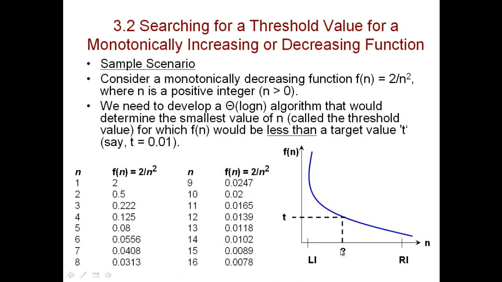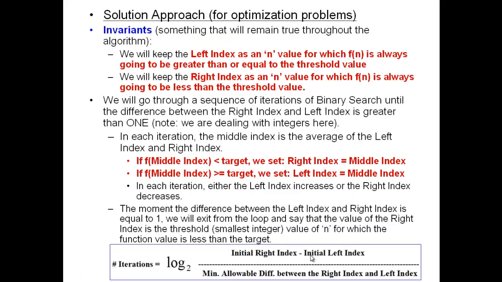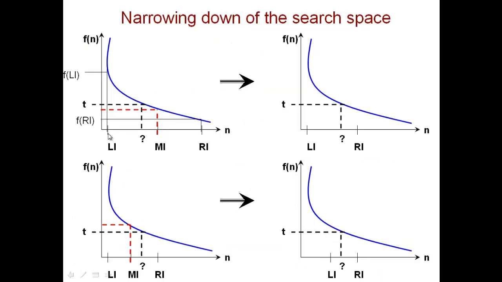In order to find such a threshold, we have to choose a broad range, a search space, comfortable enough that at the left index the function value is greater than or equal to the threshold, and at the right index the function value is less than the threshold. Now as you reduce the search space on the x-axis, the function values will fall in between these two ranges and will eventually reach very close to the threshold. That's what we are going to see.